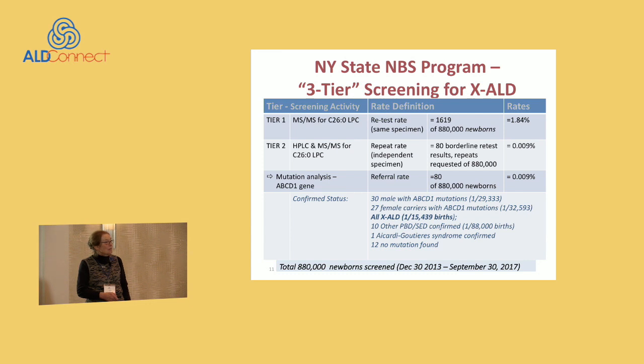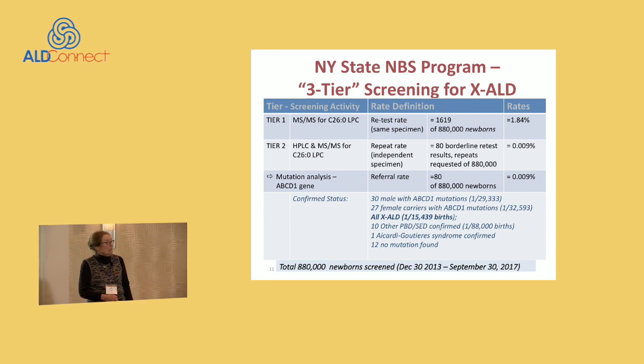And they confirmed that 30 males had ABCD1 mutations. 27 females had ABCD1 mutations. So together, I calculated all ALDs as 1 in 15,439 births. Now, this is very close to what we predicted.